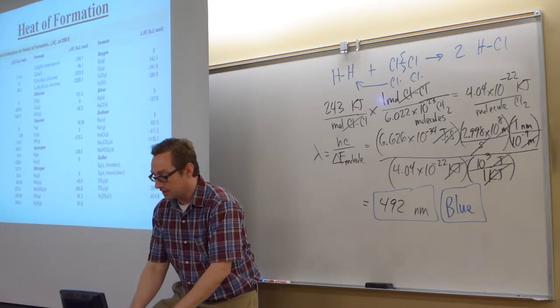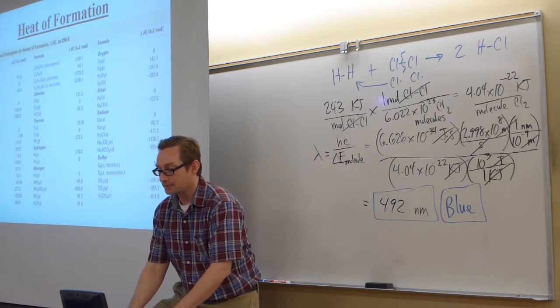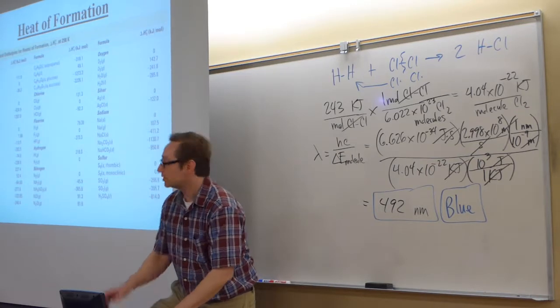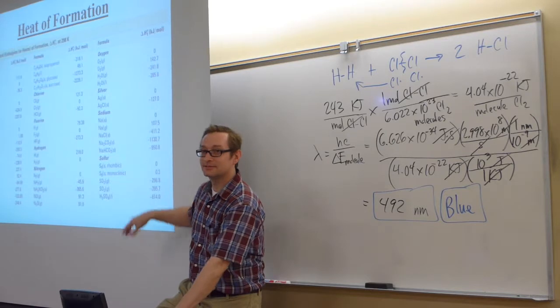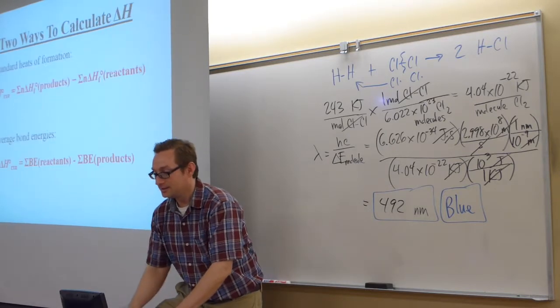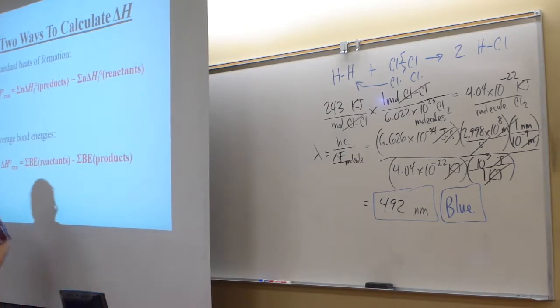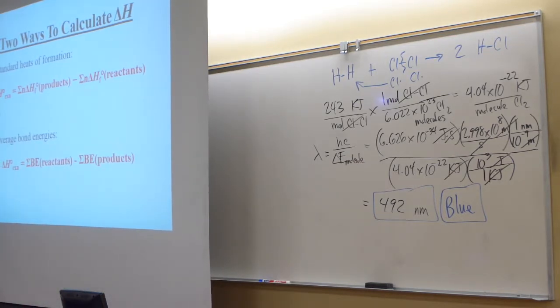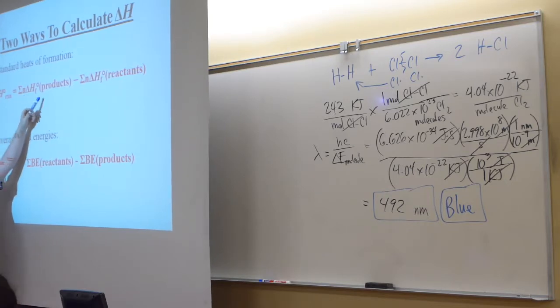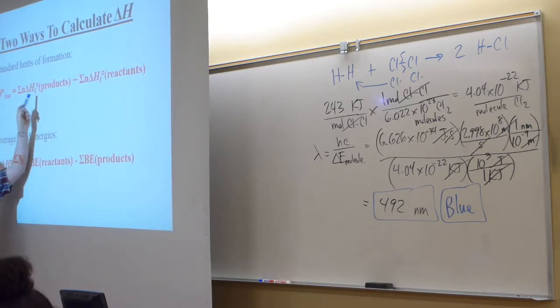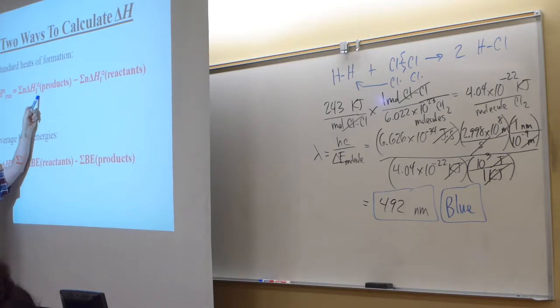All right. So instead of using bond energy, you can always use heats of formation, right, to do this. So you remember this table? All right, cool. So what are the equations you could use to compare? You've got the enthalpy of reaction is equal to the sum of the products minus reactants for the heats of formation. This should look familiar to you.